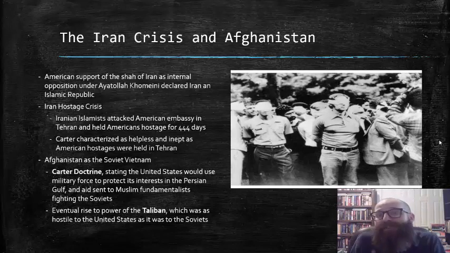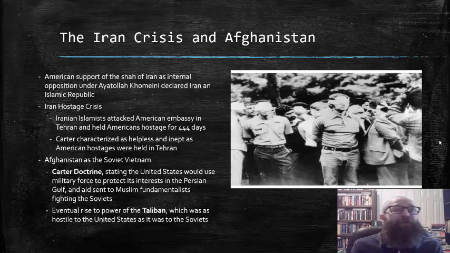And as the United States continued to try to support the Shah to be placed back on the throne of Iran after Khomeini's coup d'etat, Iranian Islamists attacked the American embassy in the capital of Tehran and held American diplomats hostage for 444 days. And this proved to be a huge foreign policy crisis.